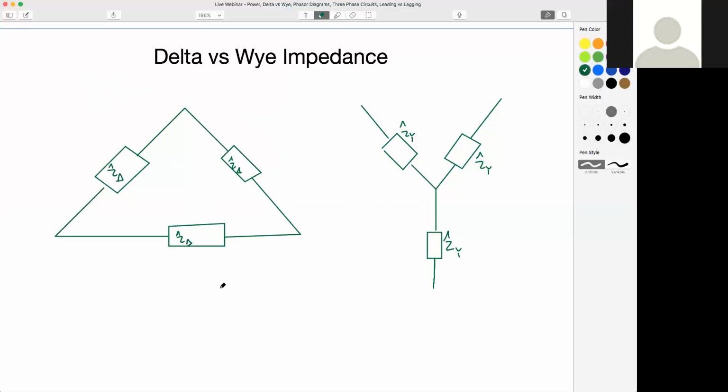So if we want to go from delta Z to our Z sub Y, then we can use the formula that says our Y impedance is going to equal to, let me see here.